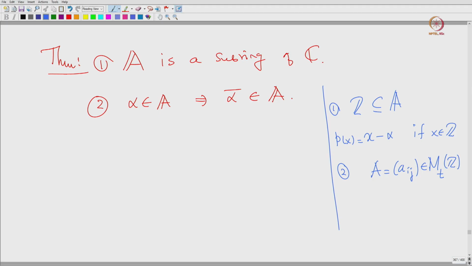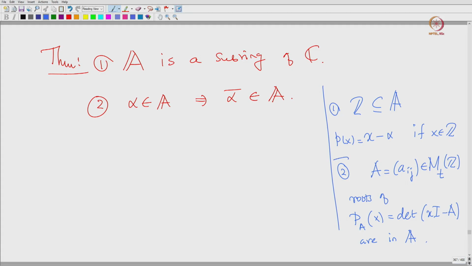Then look at the roots of the characteristic polynomial of this A, which is defined by P_A of x equal to determinant of x times identity minus A. These are the eigenvalues of this integral matrix A, and it is clear that since these are all roots of a monic integral polynomial, they are all part of this set of algebraic integers.